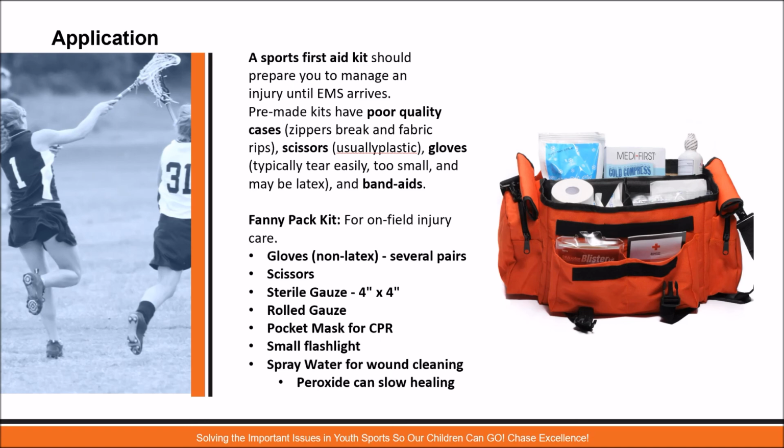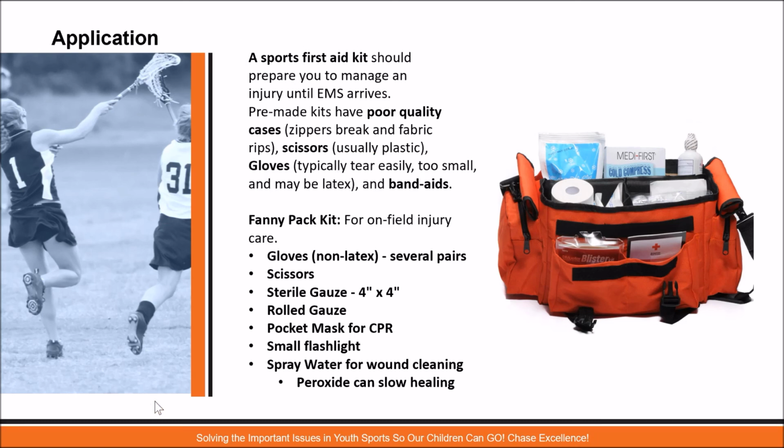So those are the items that you may want to purchase separately and buy a nice bag. The tool bags at any hardware store are great bags because they're very rugged bags. In addition, having a fanny pack for getting onto the field for injury care, having the right pair of gloves. You can purchase them at any CVS or store.